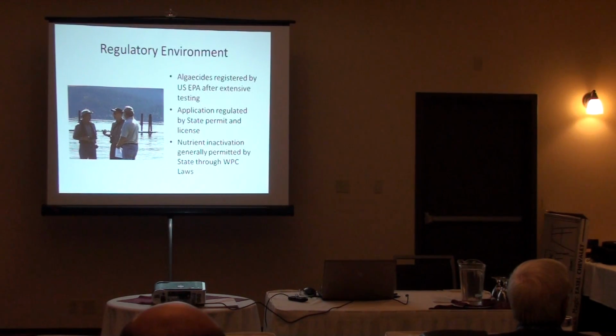They made that claim on the label, so they had to go through and get it registered as a pesticide, or they had to take that wording off the label. But nutrient inactivation technologies still generally fall under some sort of permitting system that the state or at least the local authority has to administer, an environmental program that regulates that.